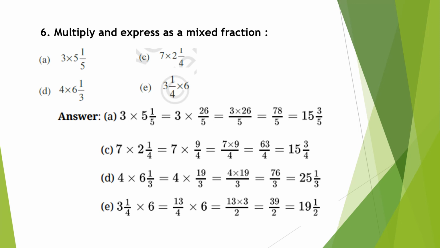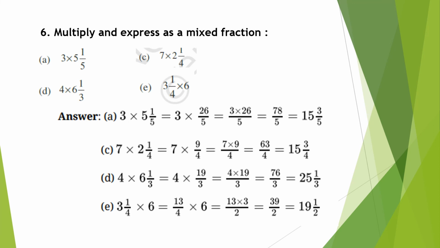There is no common factor in numerator and denominator. So the answer is 63 upon 4, which is an improper fraction. So we can convert into mixed fraction. So we get the answer as 15 integer 3 by 4.